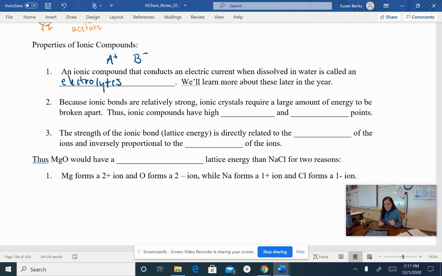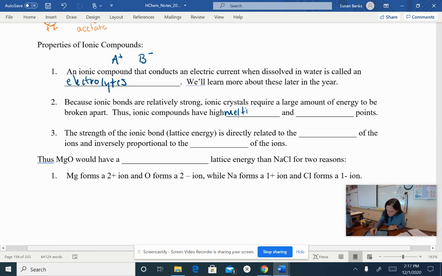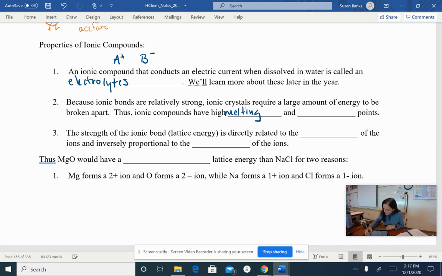Because it takes a large amount of energy to take that solid into a liquid or a gaseous form, ionic compounds have very high melting points and very high boiling points, because it takes a lot of energy to disrupt those bonds.